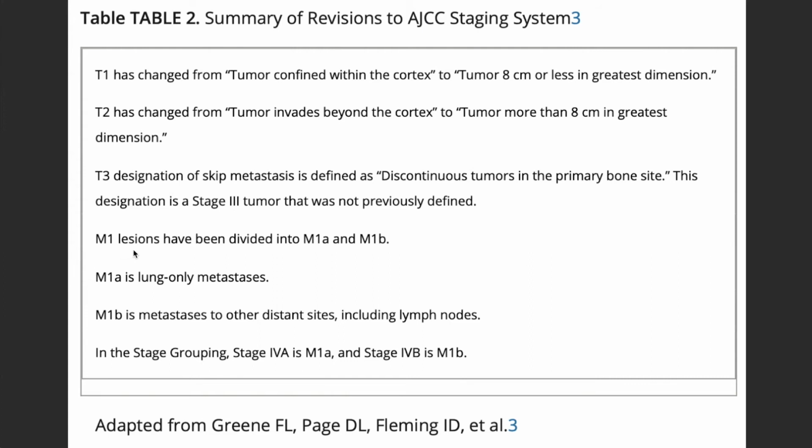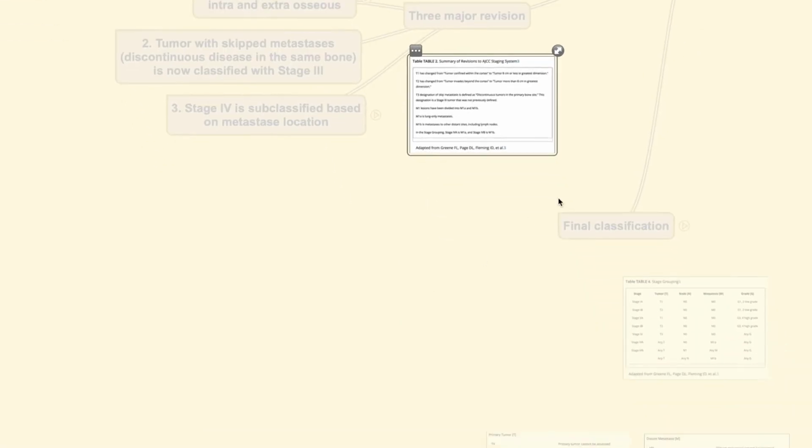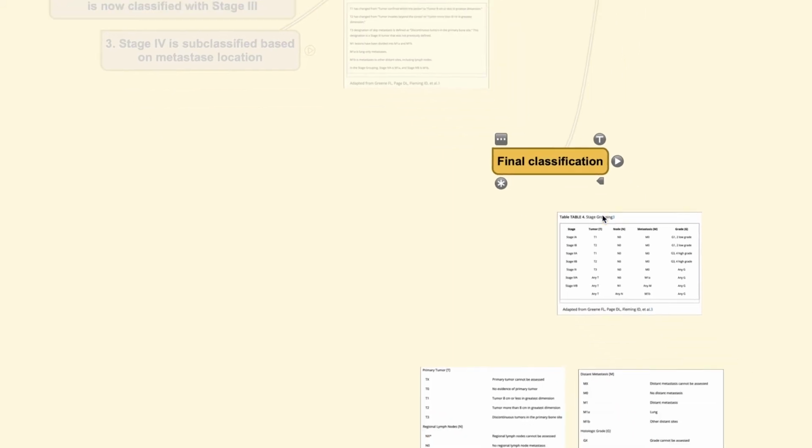While the M1 lesion has been further subdivided into M1A and M1B, which mention that A represents lung metastasis and B represents distant metastasis. And in the stage grouping, the stage 4A is therefore M1A and stage 4B is M1B. You can notice that this system is a lot like the TNM system that is developed, and there's another table here, I'm sure, that describes the final classification.